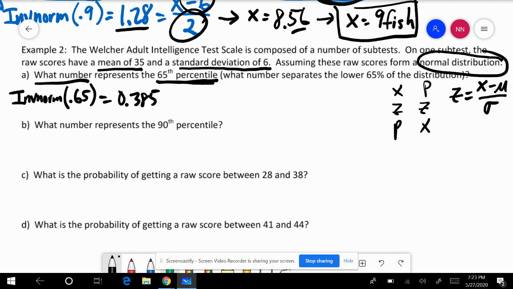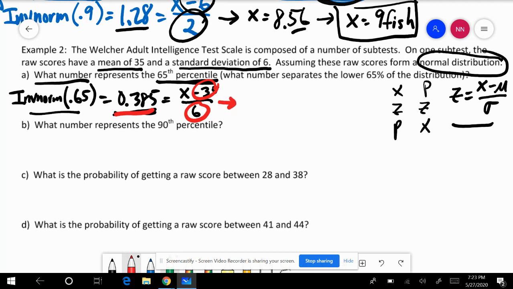Now remember, we're using the z equals formula. This is now a z value. We converted our p value into a z value. Now we're setting it equal to x minus the mean, which is 35, divided by the standard deviation, which is 6. Now when we're solving this, we first times the 6 by our z value, and then we add the 35.